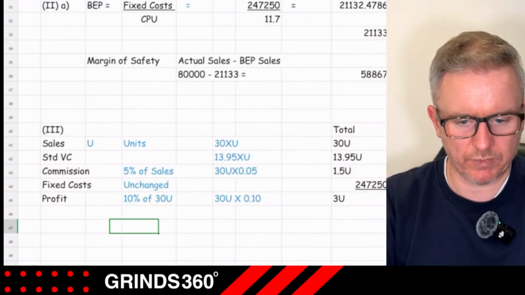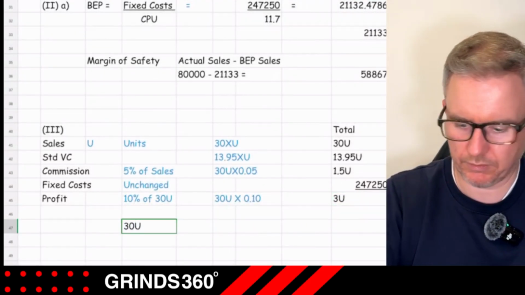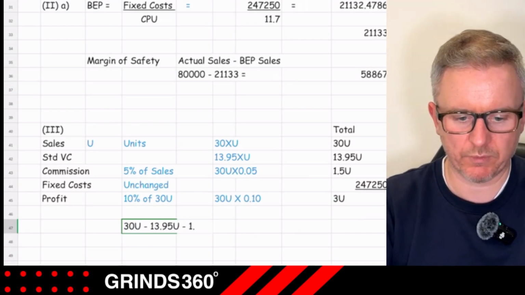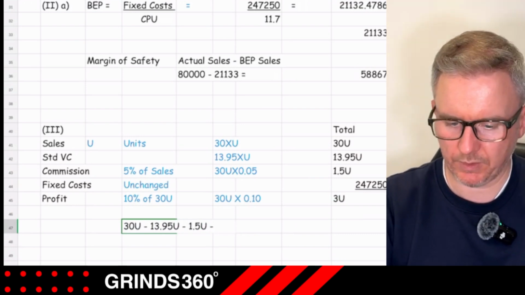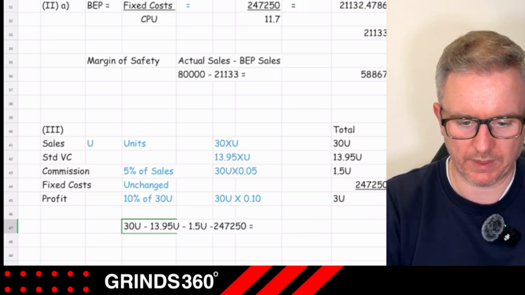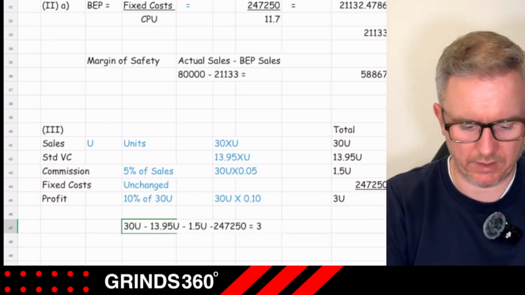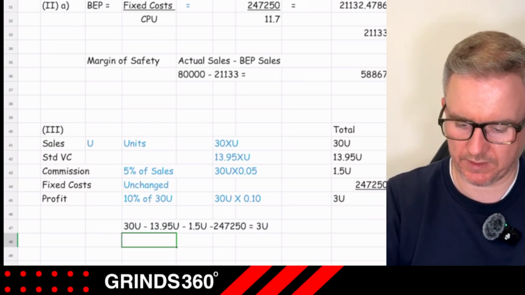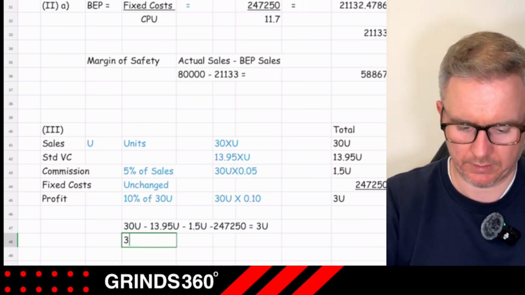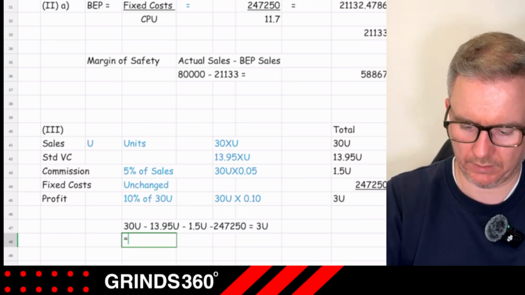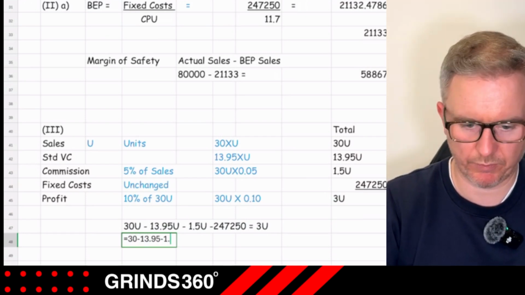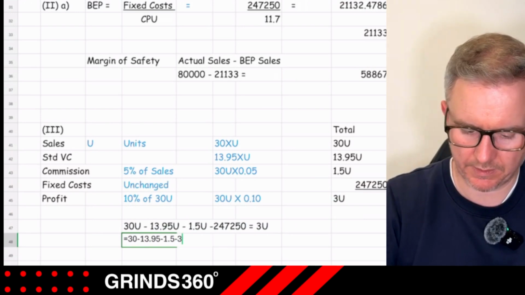So we start off and we have 30U minus 13.95U minus 1.5U minus 247,250 is equal to 3U. Just like in algebra, get all the letters to one side. So I will have 30 minus 13.95 minus the 1.5 minus the 3.